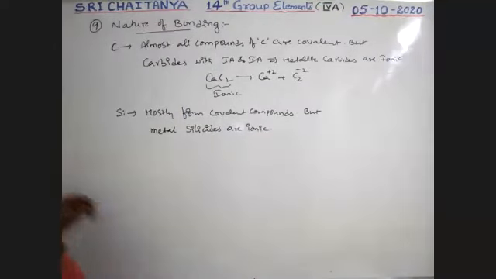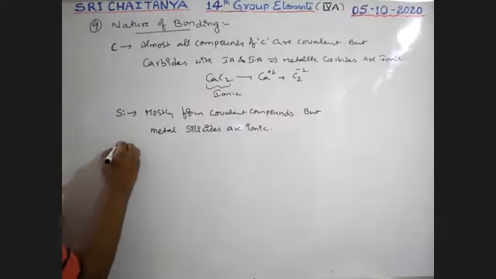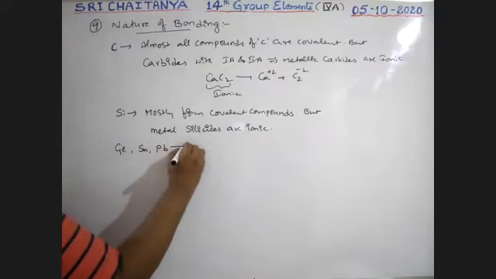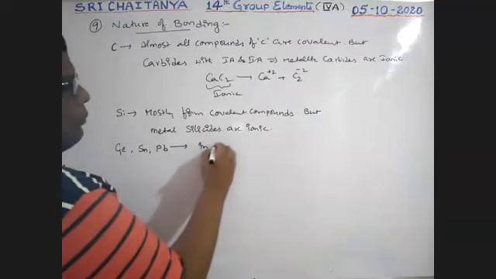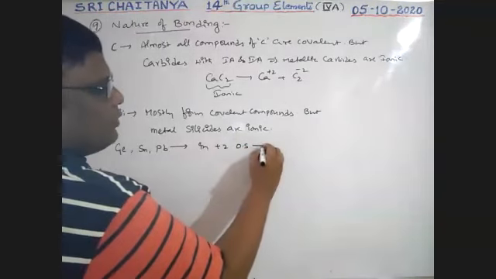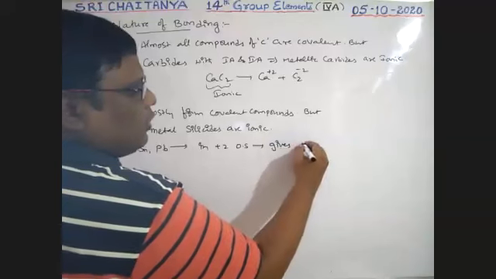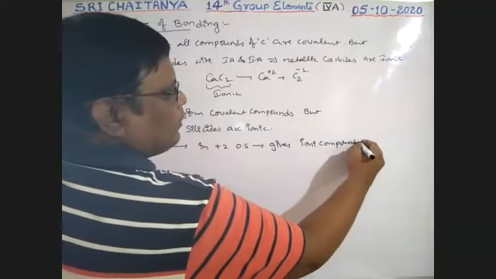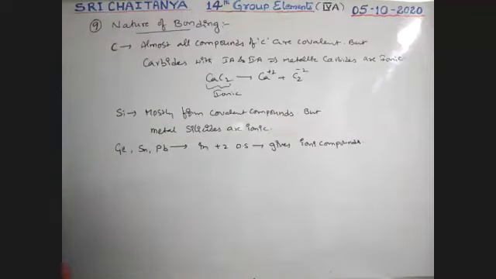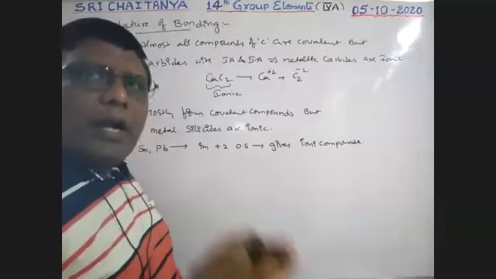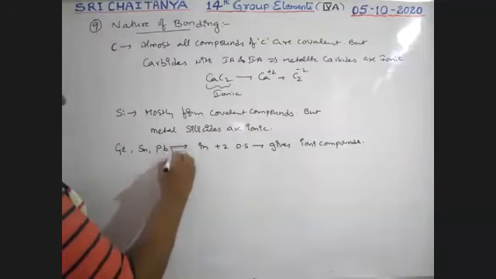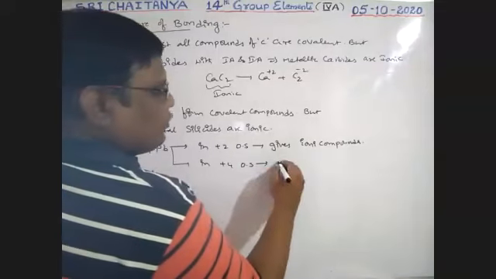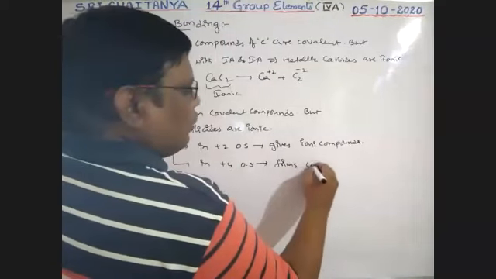Next, the remaining elements are silicon, germanium, tin, and lead. These elements in the +2 oxidation state give ionic compounds, but in the +4 oxidation state they form covalent compounds.